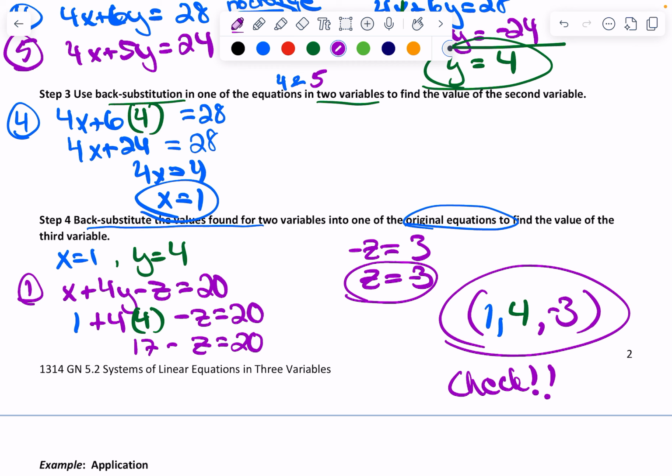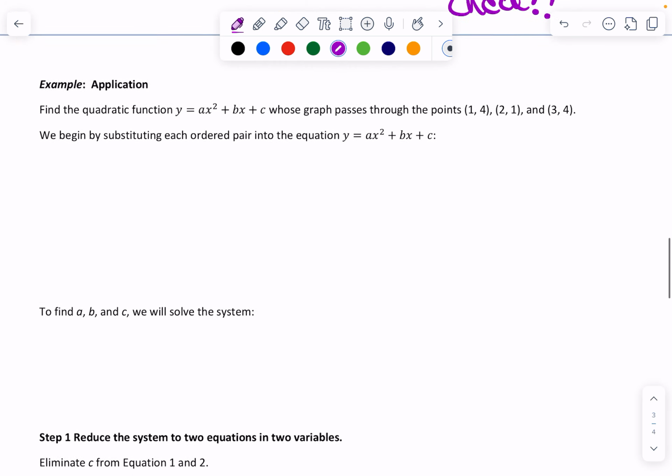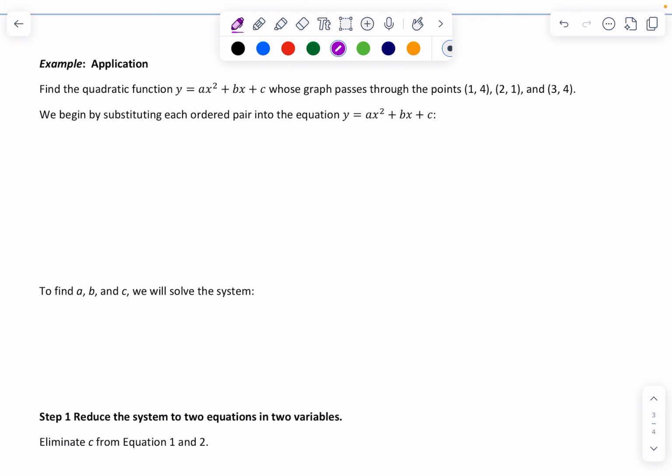Okay, now we're going to use what we just learned in an application. So find the quadratic function y equals ax squared plus bx plus c, whose graph passes through the points (1, 4), (2, 1), and (3, 4). We begin by substituting each ordered pair into the equation y equals ax squared plus bx plus c.